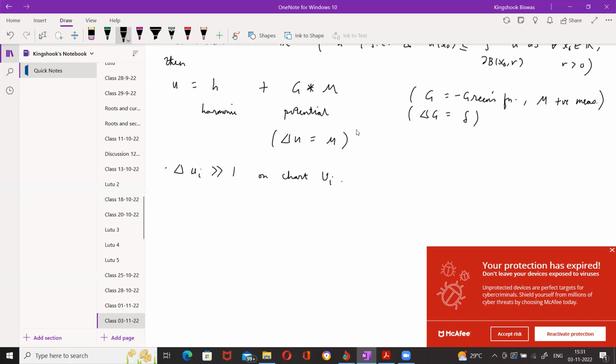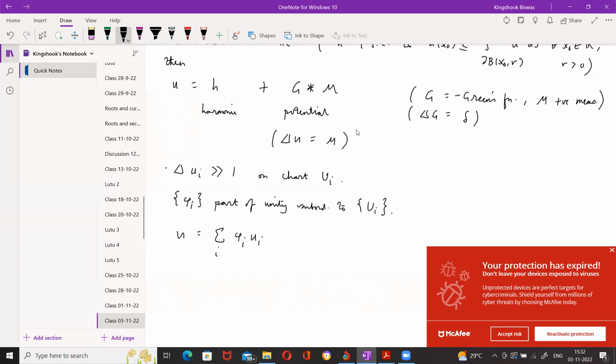Then you take a partition of unity phi_i, which is subordinate to the cover U_i, and you put u equal to the summation of phi_i u_i. This will be a globally defined function.